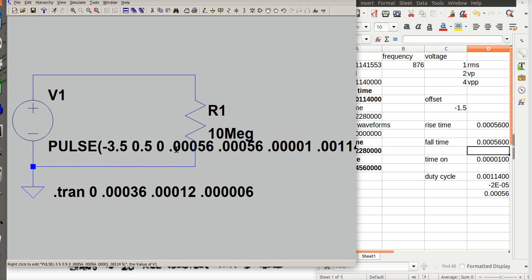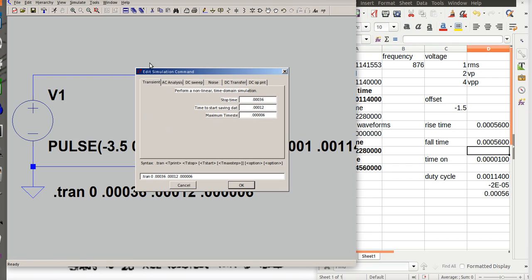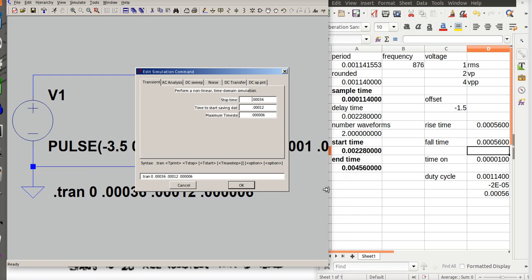And that changed my pulse parameters in my Spice. Now I got to go in and change my tran parameters. So I go up to simulate, edit simulation command. My start time and stop time and all that stuff changed. And can I see it? Yes. So my stop time is 00456.